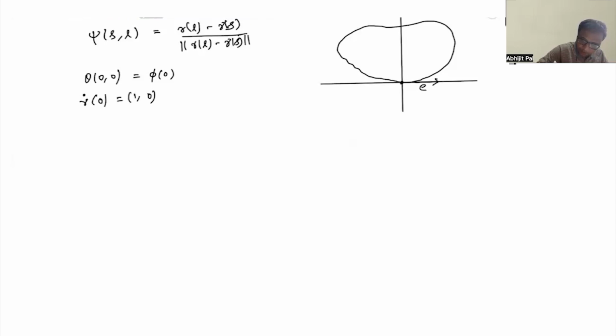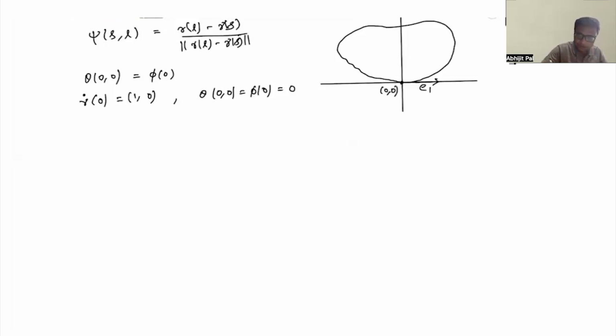So this is my unit vector E1, and this in fact is the tangent vector at this point. Therefore theta 0 0, which is equal to phi 0, is equal to 0 here.